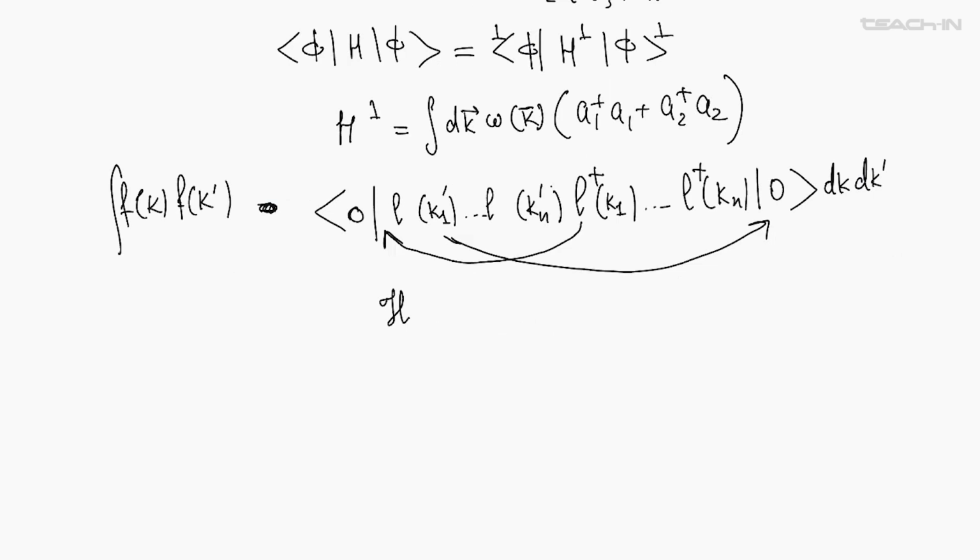You can consider a factor space of these states over the states with zero norm. Okay, let's write it: states which have zero norm. So in other words, taking a factor space, and this gives you a physical Hilbert space.